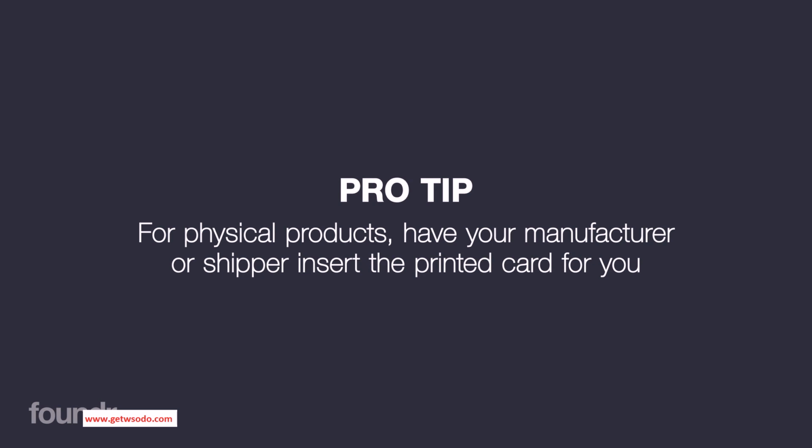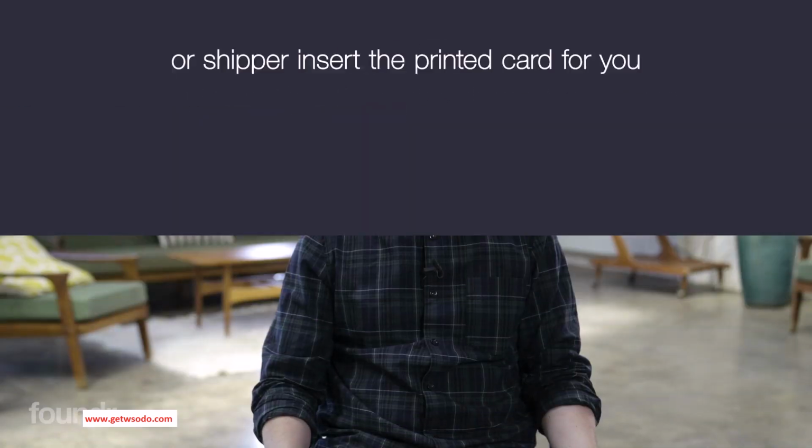It's totally up to you. So for Healthish, for example, we actually give the cards to the manufacturer to print out, because when they're packaging up the bottles in boxes for them to then go to the fulfillment center, it's already ready to go. The card is with the product.